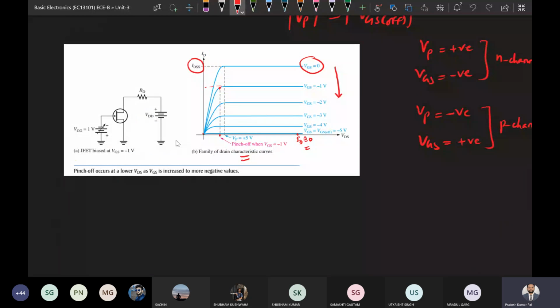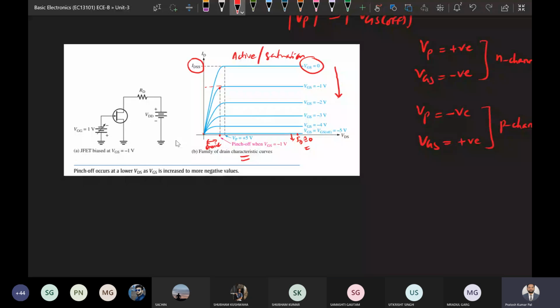Here the current is constant, so it is the active region, or saturation region, and this region is called the ohmic region. Below this we call it the cutoff region.